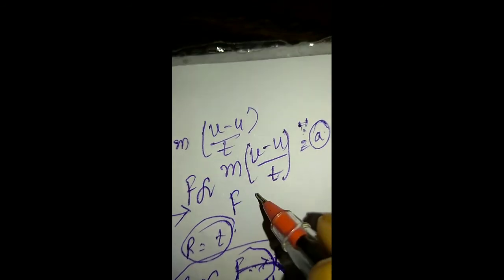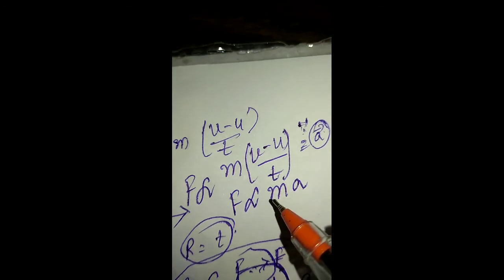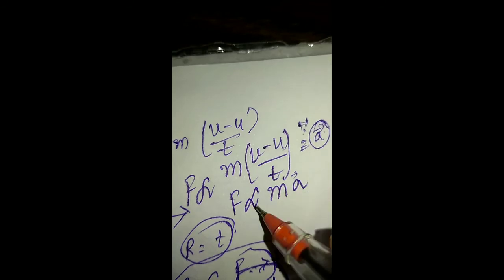Substitute, since this part of the equation is equals to a, f is directly proportional to m a. A is what? Acceleration. A is acceleration. Since a is a vector quantity, force is also a vector quantity.